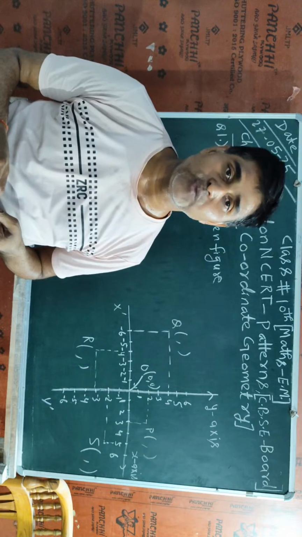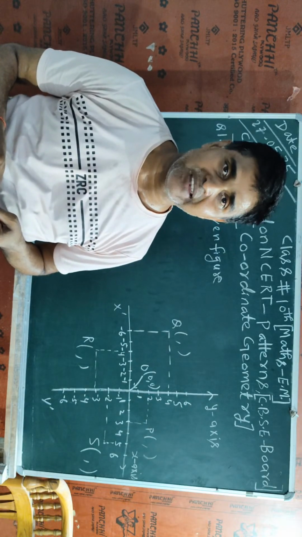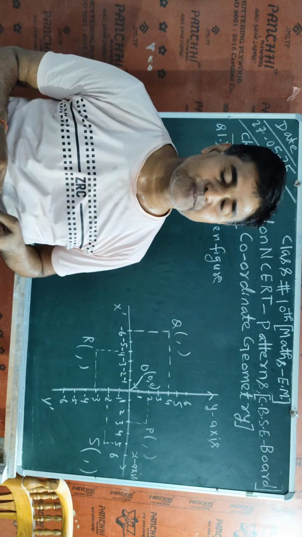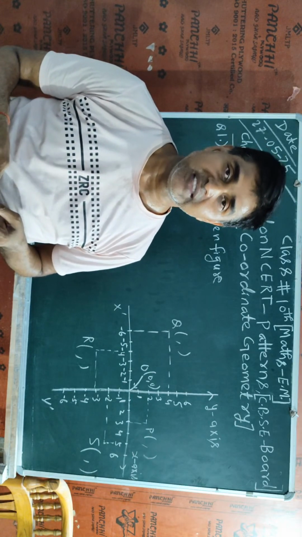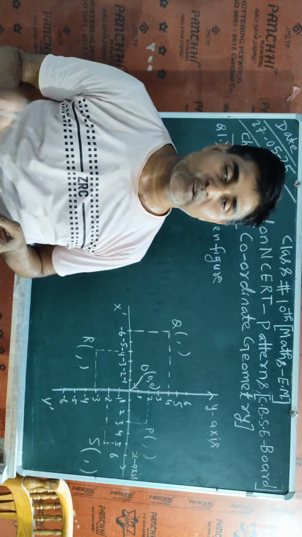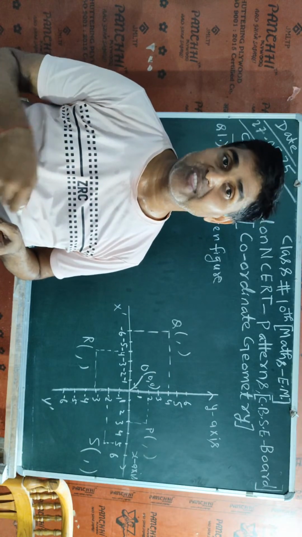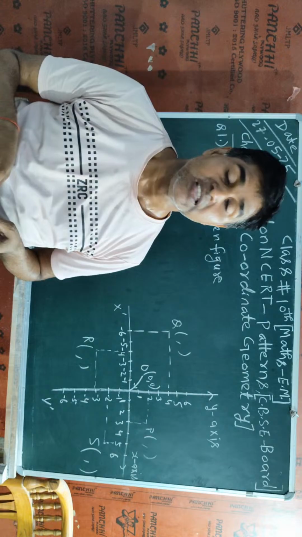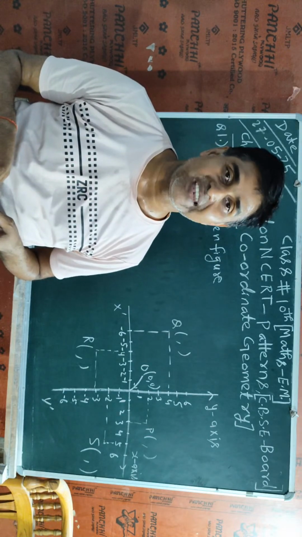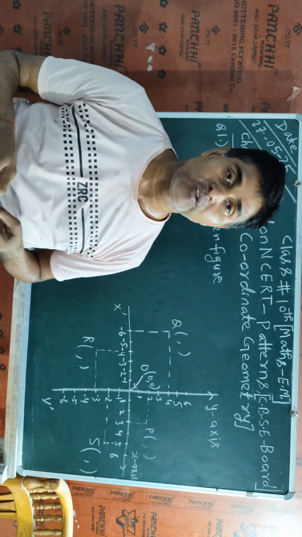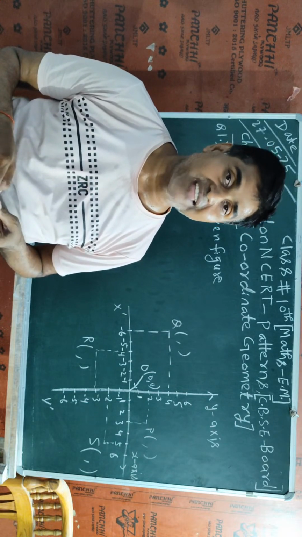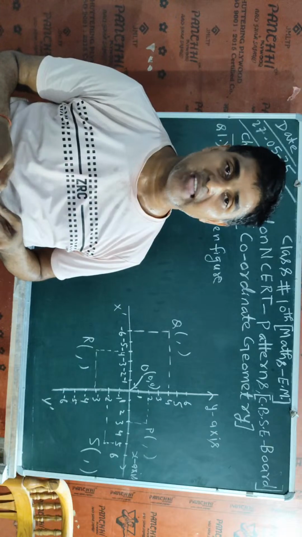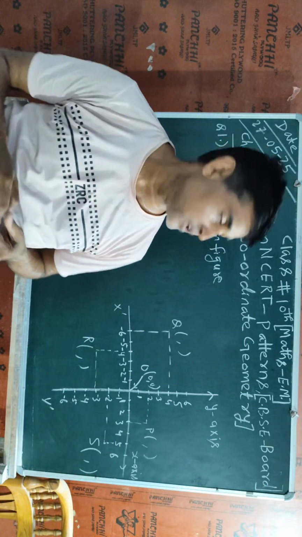If any point exists in the xy Cartesian plane, that point lies in the first, second, third, or fourth quadrant, or on the x-axis or the y-axis. I have already noted this important information, and you know it very well. I explained this with you yesterday.